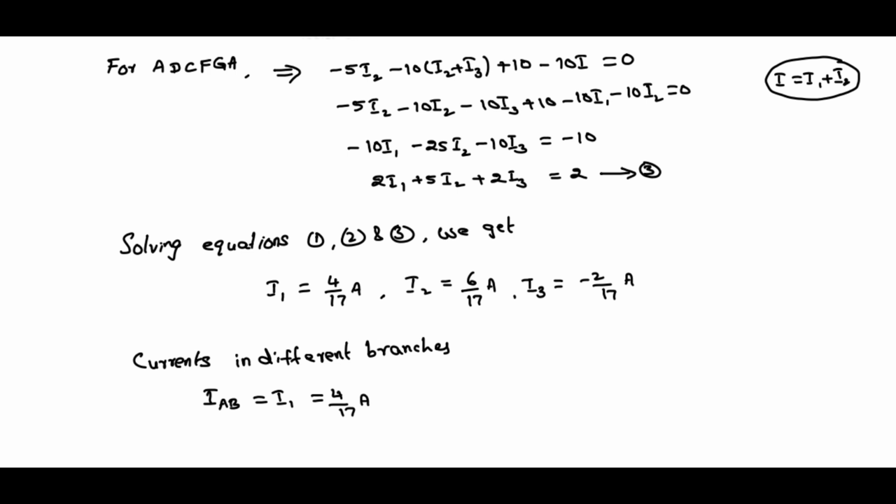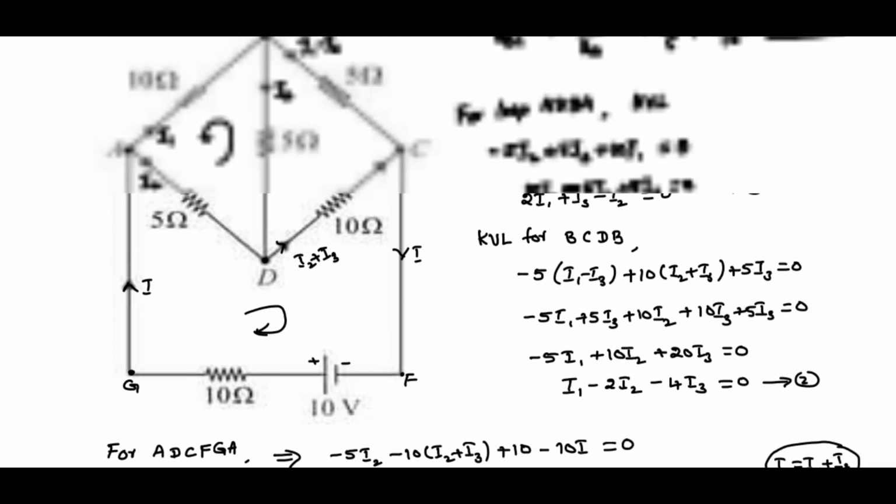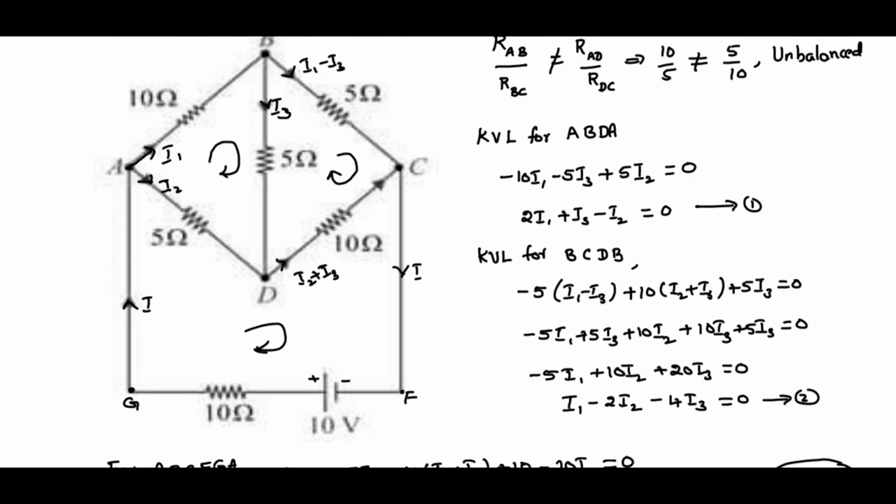There is no change here. At the same time, current through AD is equal to I2, that is also nothing but 6 by 17 ampere. So current through AB, current through AD, directly we can write.